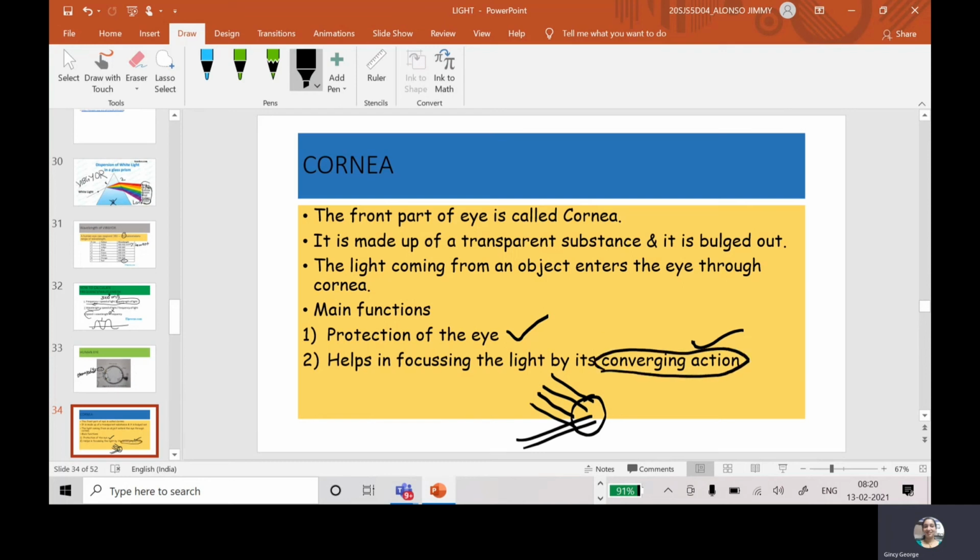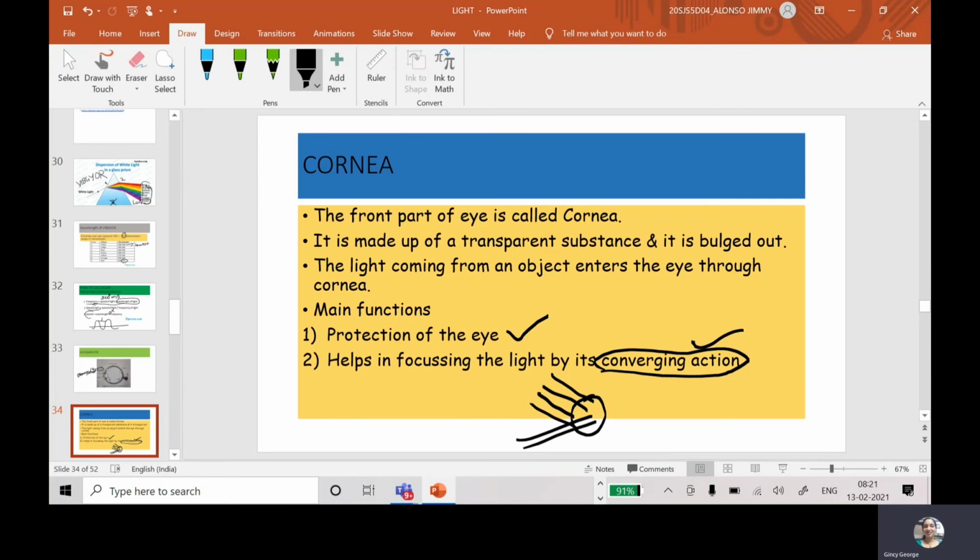The cornea has converging action, which is the action of a convex lens, meeting all the rays at one point. So the functions of the cornea are protection of the eye and focusing of the light by its converging action.